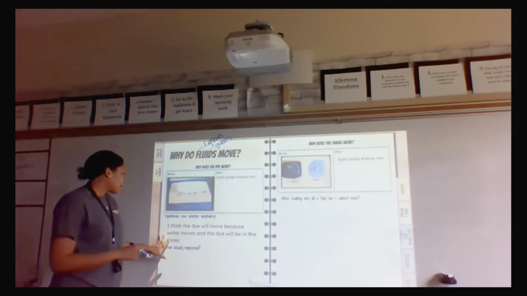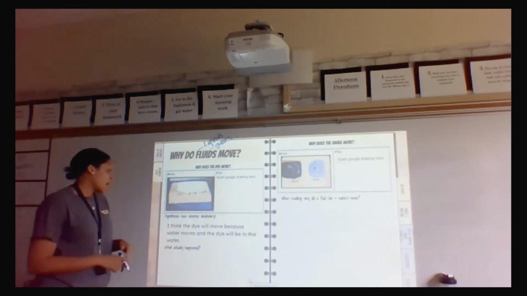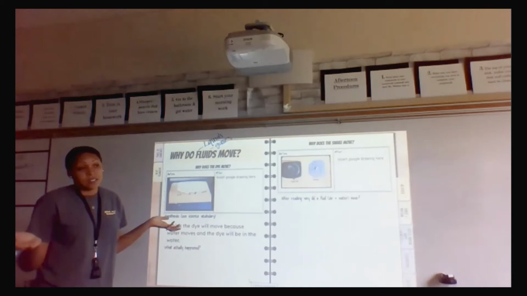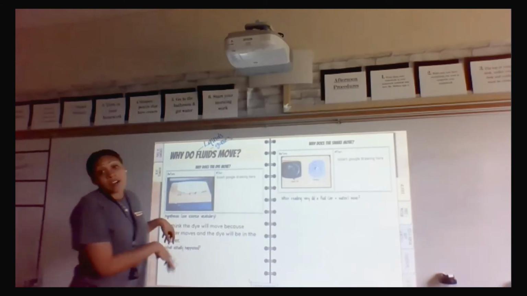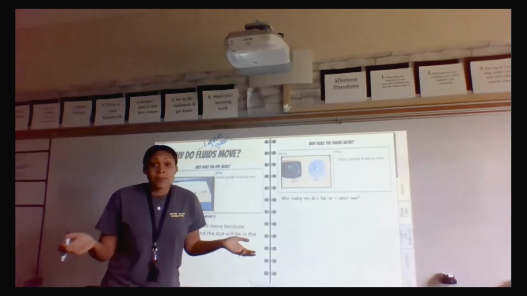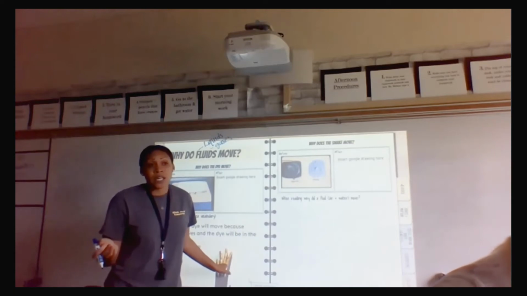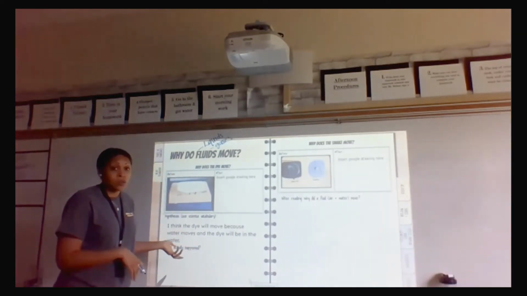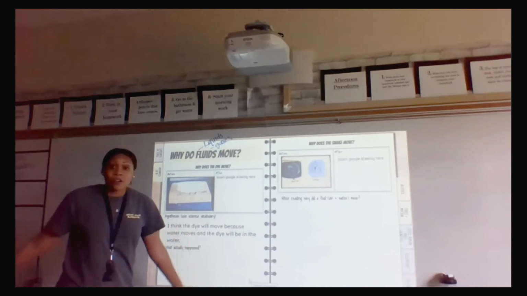My hypothesis is, I think the dye will move because water moves and the dye will be in the water. That's my hypothesis, okay? It's already going to be wrong because it has nothing to do with heat. But I put a wrong hypothesis up there to show you that it doesn't matter if it's wrong.